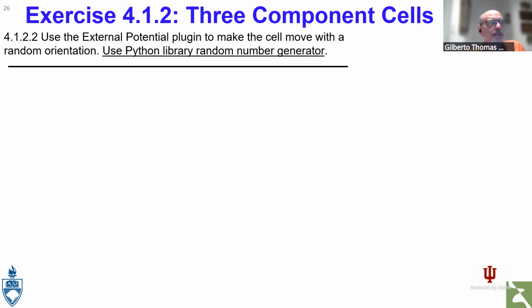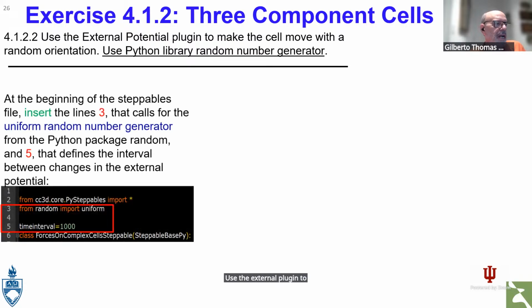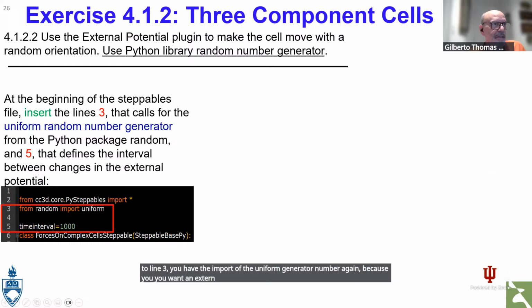Now we are going to use the external potential plugin to make it move. Again, this is in exercise 4.1.2. You go to line 3, you have the import of the uniform number generator again, because you want an external random movement.